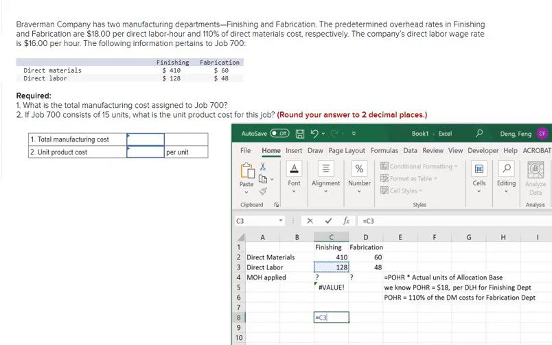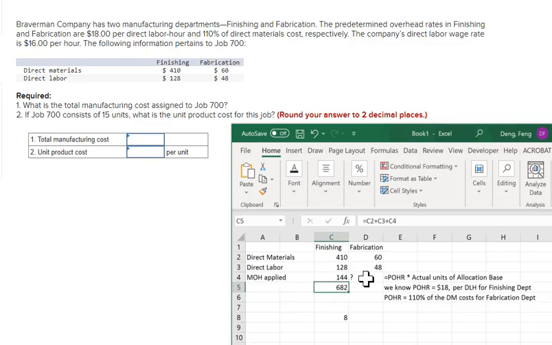That's the total labor cost divided by the labor rate we pay them. We pay them at $16 right here. So divided by 16, and they gave us 8 hours. So if it's 8 hours, and for each hour we apply $18, so here should be equals 8 times 18. That gave us the overhead cost applied to the finishing department.